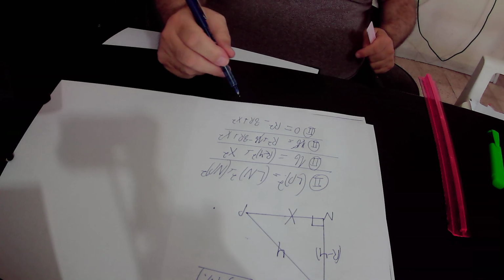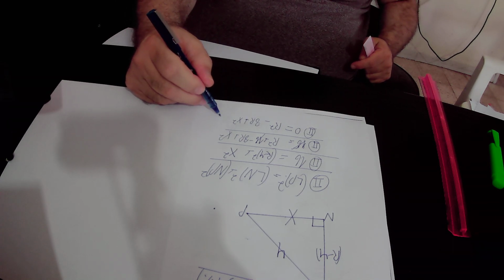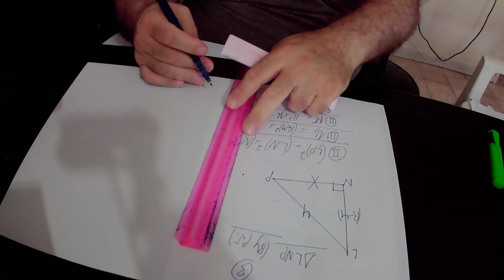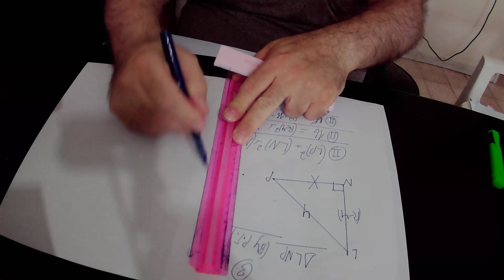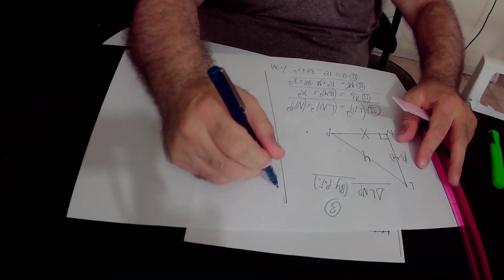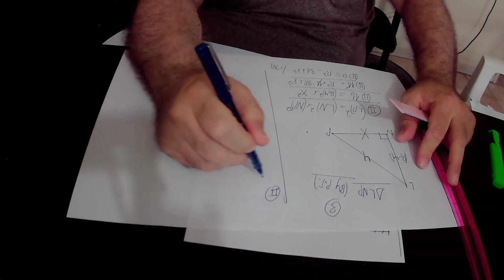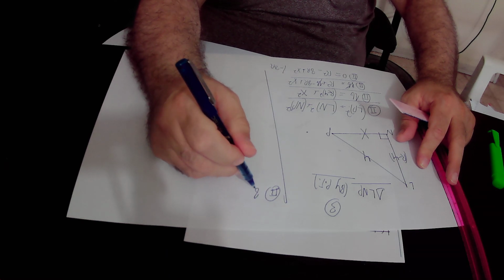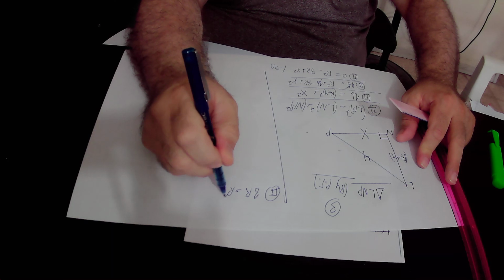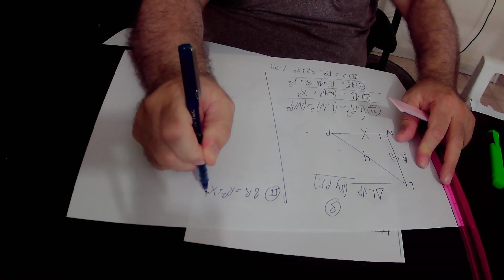So here we will add 8r to this equation, equation number 2, and we get that according to equation number 2, 8r equals r squared plus x squared.